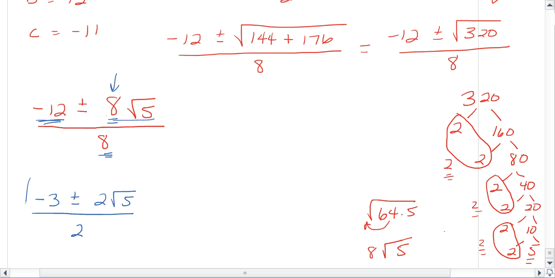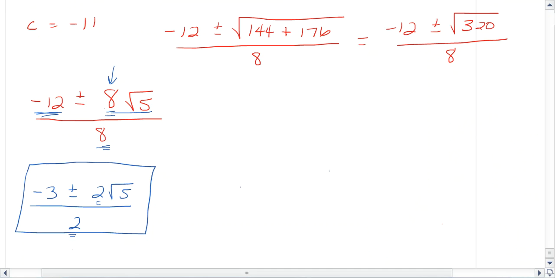Now, this is perfectly acceptable. I'm fine if you leave it in the plus minus form. But every year I have some students that are bothered by the fact that there's a 2 right here and a 2 right here, and they want to split this up into 2 fractions. They prefer to go a little further.